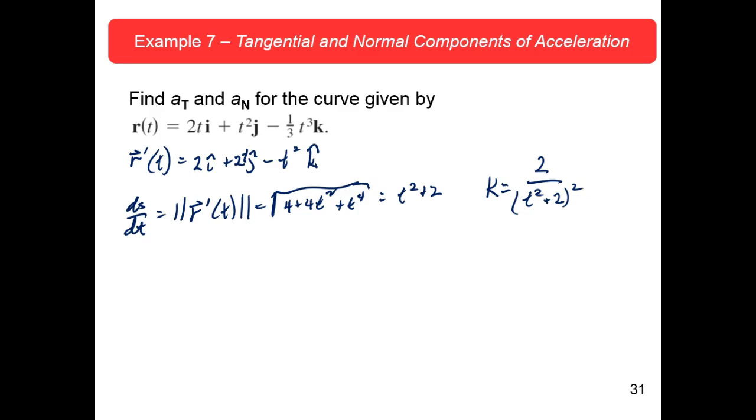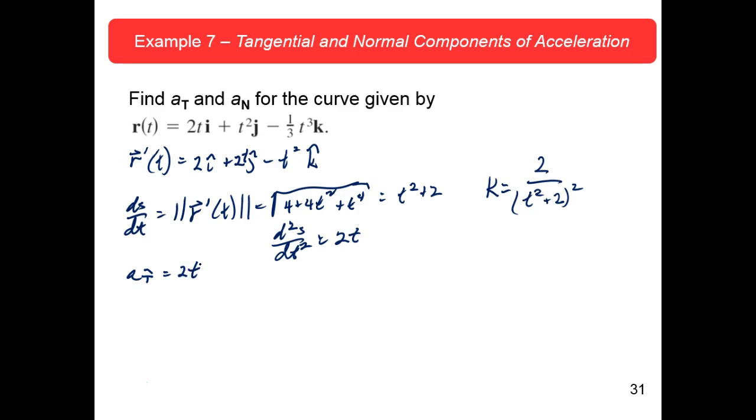Now, the a sub t then, tangential component of your acceleration, that's going to be the first derivative of your speed, which is the second derivative of this. So d2s dt squared is going to be 2t. Okay? So that is going to be 2t.